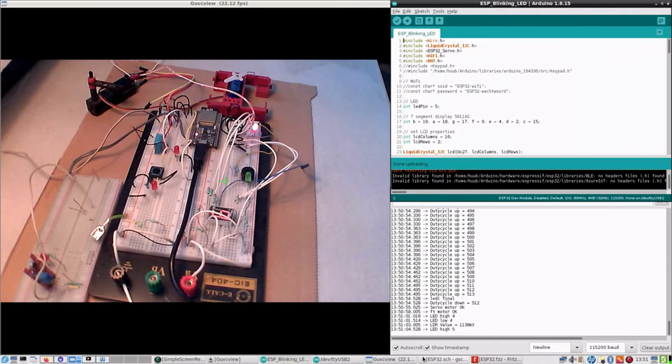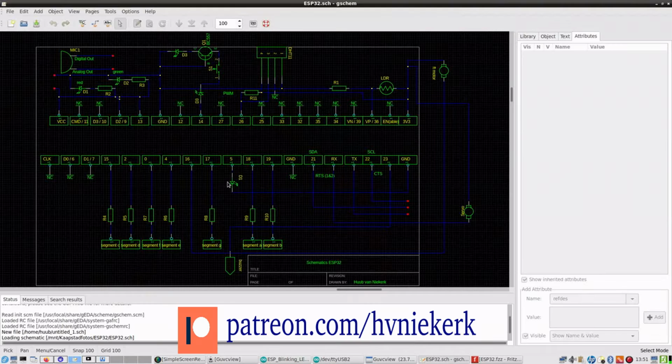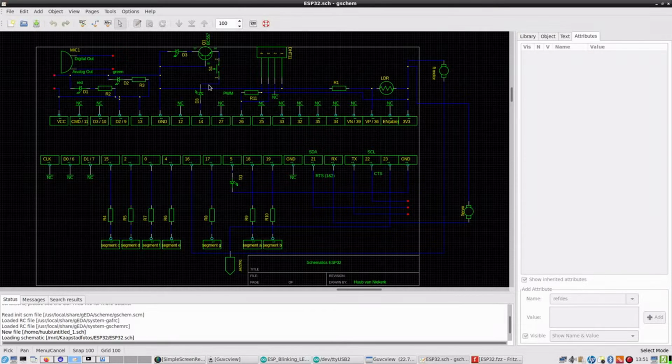So if I take a look at the schematics, then I know that this is not particularly correct, because this LED has its connection to the ground, which is right on the other side.